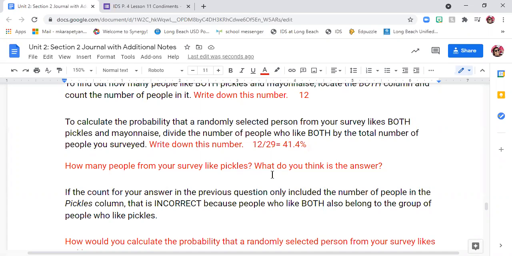Because people who chose both also like pickles. So we have to bring that into play. So it's going to be 3 from the pickles only category plus the 12 from the both category, which is going to give us a total of 15 people who like pickles, right? From the people that you surveyed. Does that make sense?